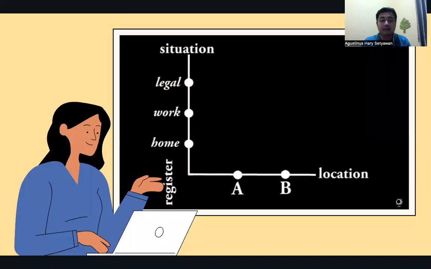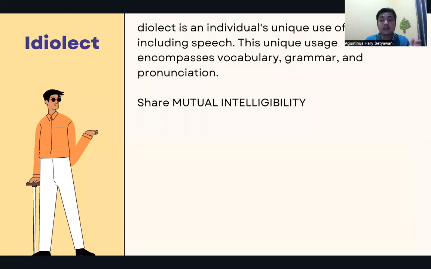Here, if we talk about different situations, we have register, and for locations, the variations, we have dialect. Furthermore, we have idiolect. You need to learn this because it is the basis for understanding and discussing historical comparative linguistics.